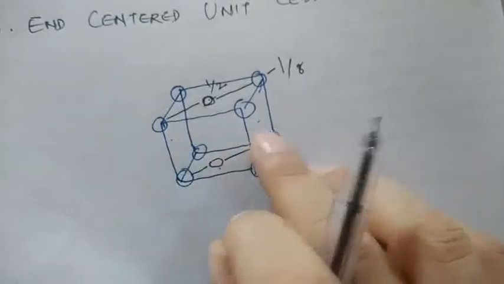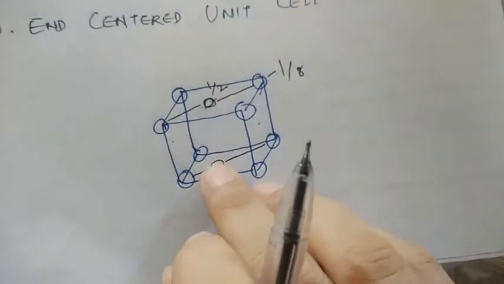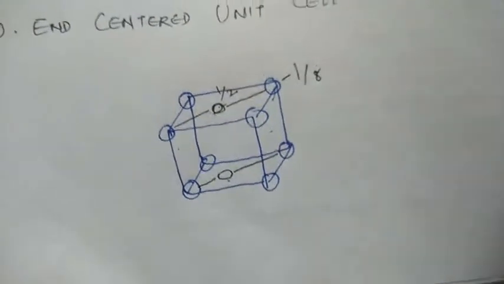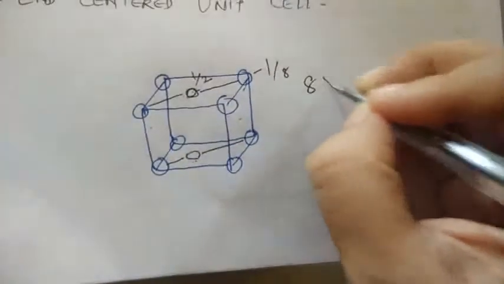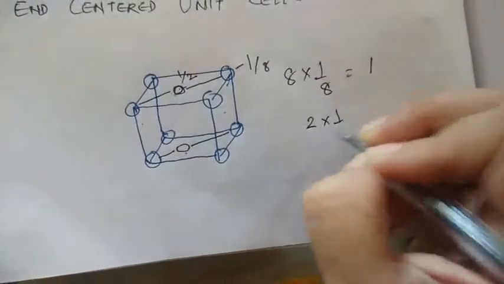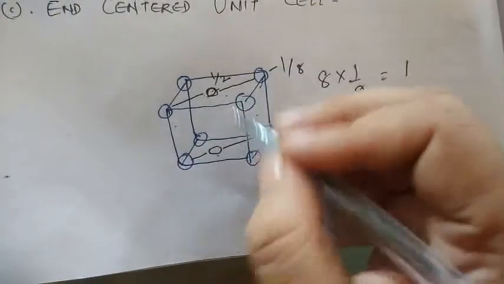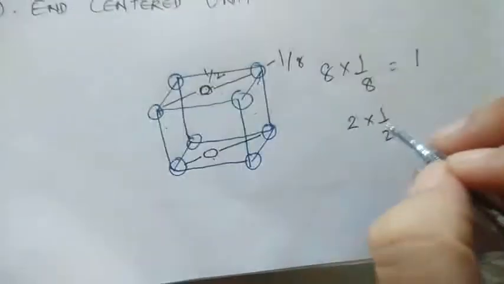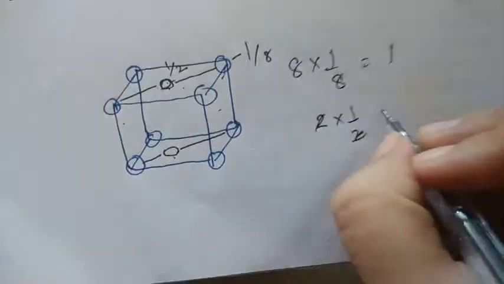And here also, if you assume, half will be here and half will be in the lower cube. So 8 into 1 upon 8 is 1 and 2 into half. Why 2? Because there are 2 faces we have taken. So 2 faces contributing half each. So your answer is again 2.